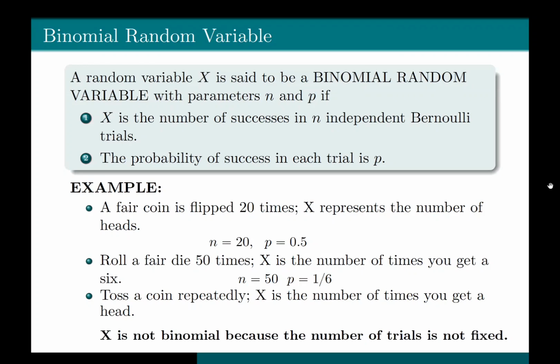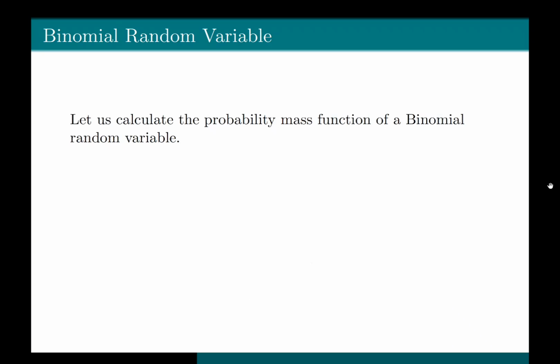The probability p is 1/2, because the probability of getting a head and the probability of getting a tail are both 1/2, but the value of n is not fixed. You are just tossing a coin repeatedly. You might just toss it forever. Therefore, X is not a binomial random variable because the number of trials is not fixed.